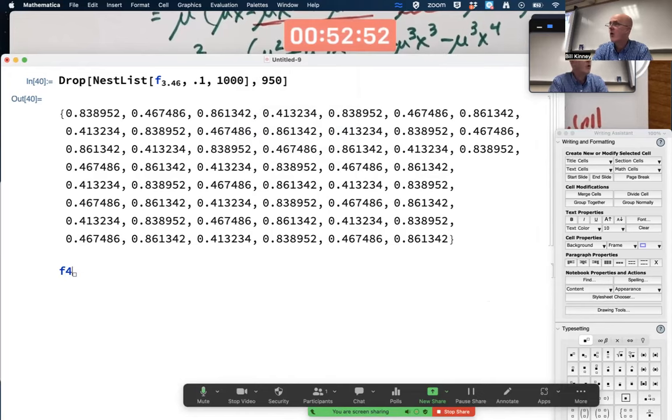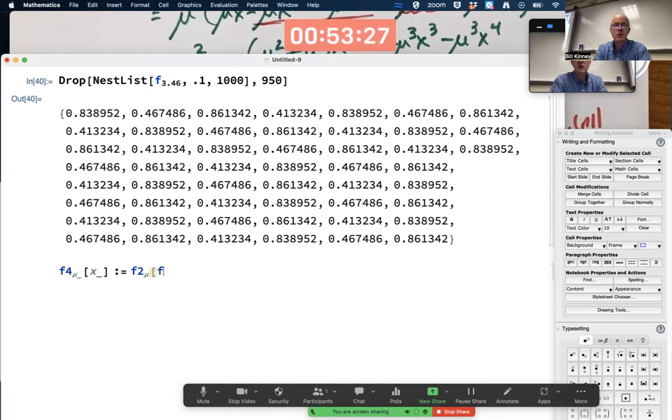Maybe I should call it F4 of mu of x, where I compose F2 with itself. Would there be an F3? Well, you could do an F3 where you compose F with itself with 3 Fs. But since what we're observing is period doubling bifurcations from period 1 to period 2 to period 4 to period 8 to period 16, it's going to be quicker to just think about the 4th iterate instead of the 3rd.